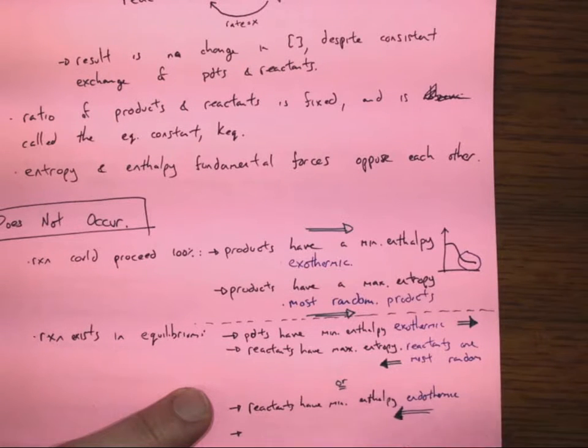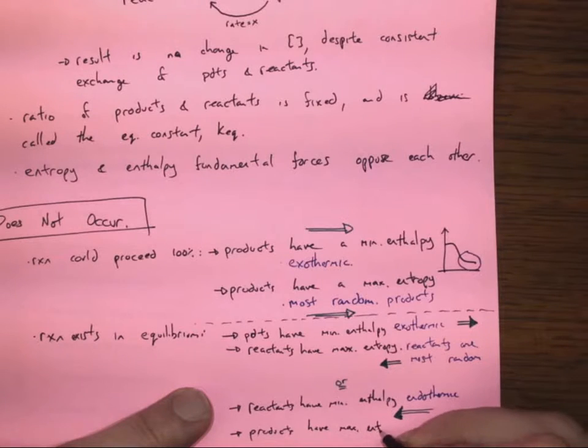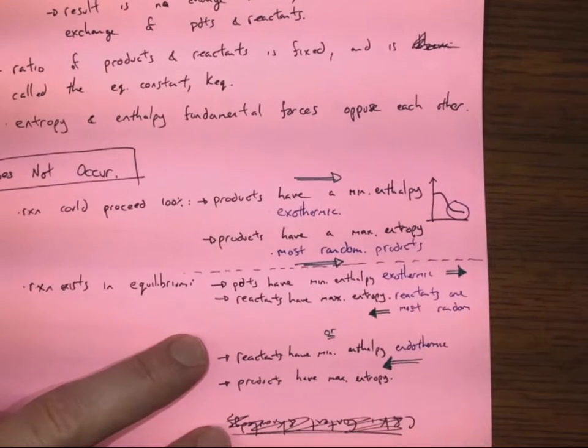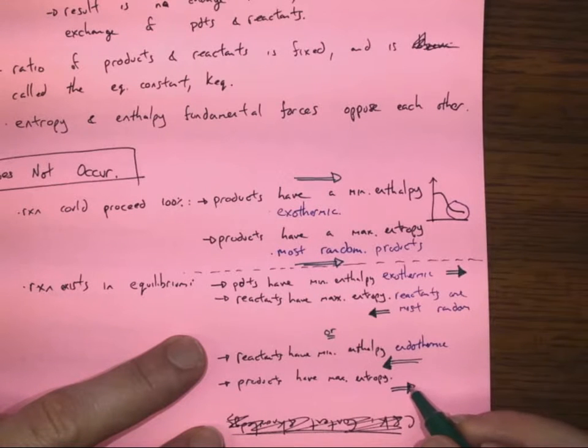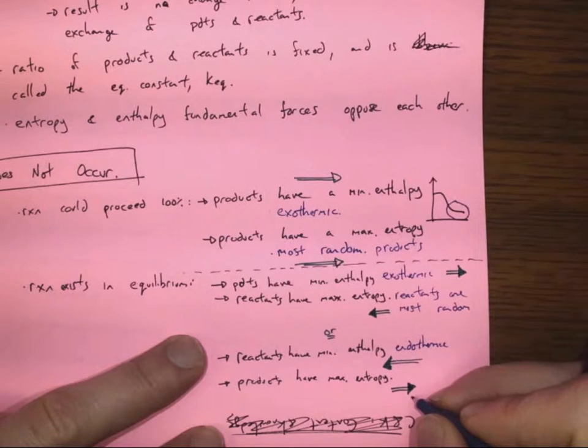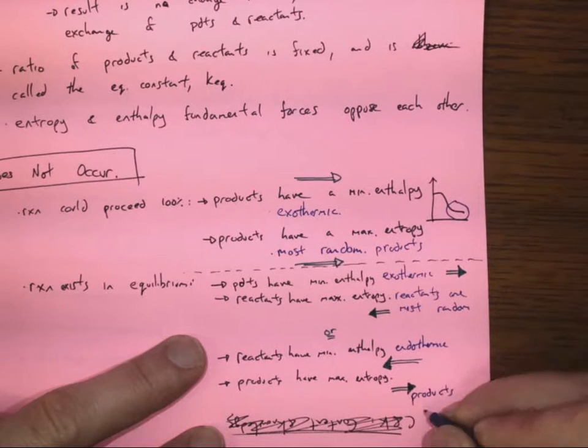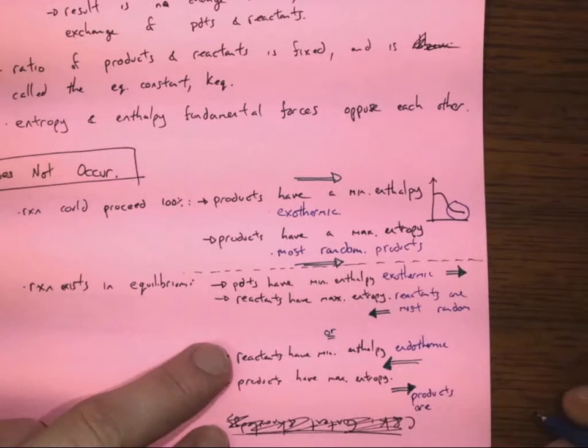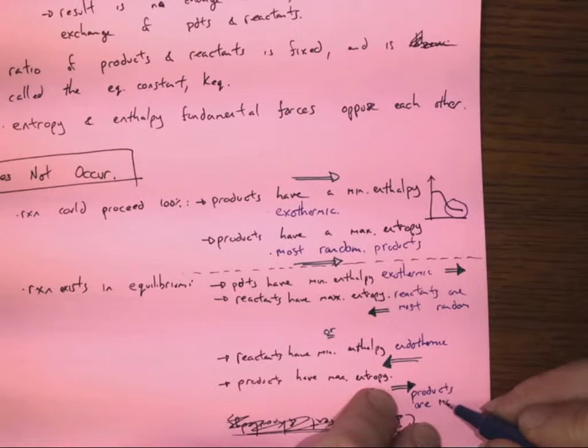However, there's another fundamental force saying that the products have a maximum entropy, meaning it wants to shift the reaction to the right, and that means that the products are the most random, most disordered.